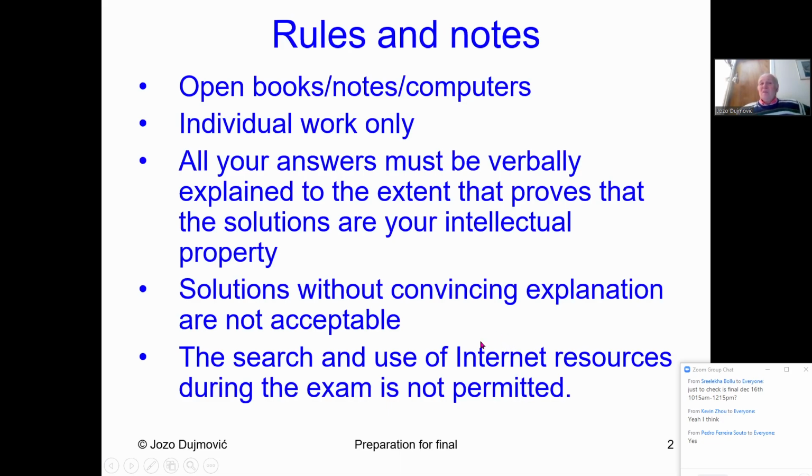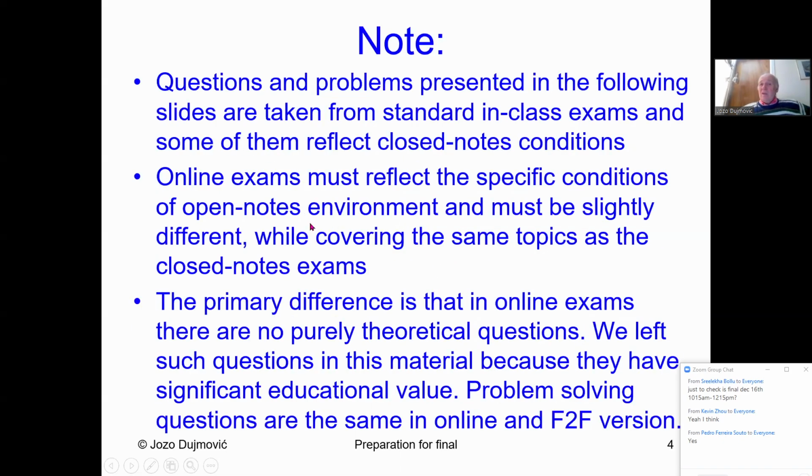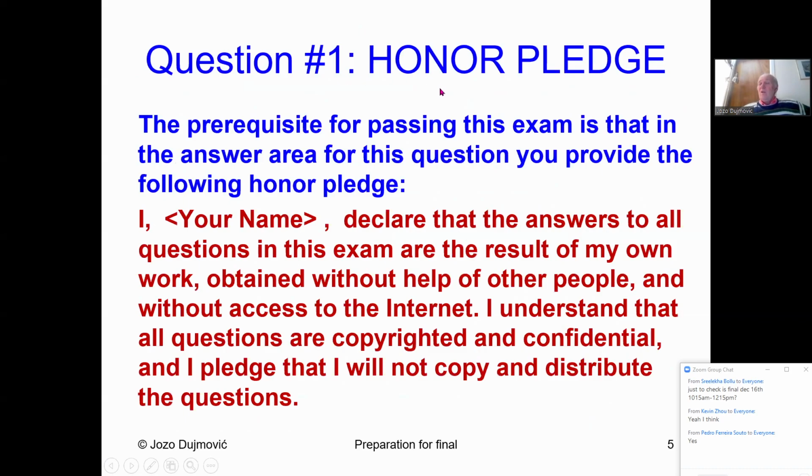Therefore, we are going to request that question 1 be an honor pledge. So the prerequisite is going to be question number 1, and there are going to be 4 more. The prerequisite for passing this exam is that in the answer area, you provide the following honor pledge.